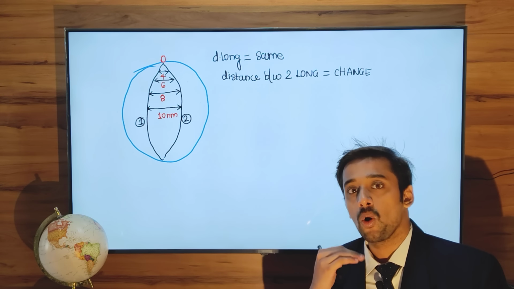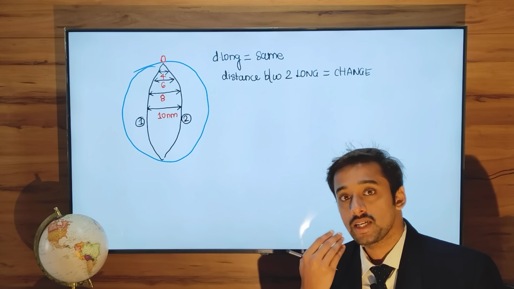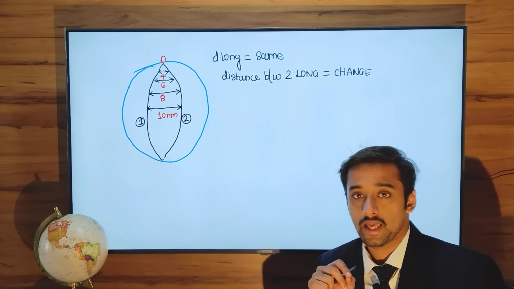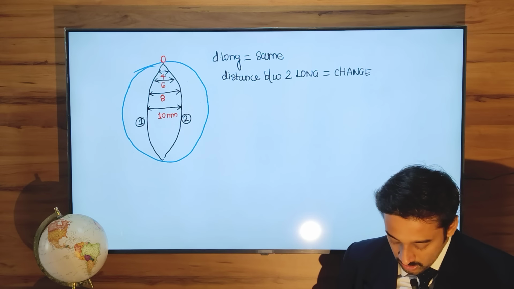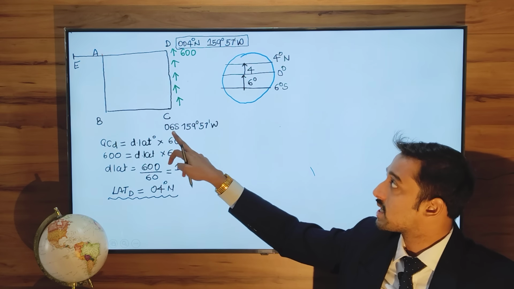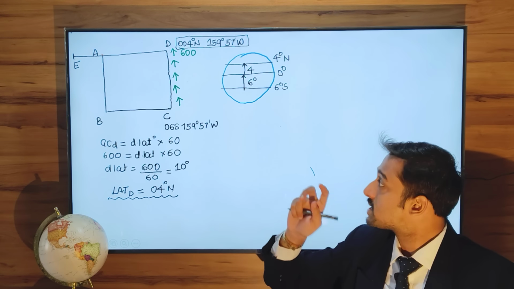So that's why as you go in a northerly direction, when you are in the northern hemisphere, convergency of meridians increases, due to which the distance between them goes on decreasing. Now we are going to apply this concept over here. Here we are at 6 degrees south. From here we have gone to 4 degrees north. So what happens at 6 degrees south?